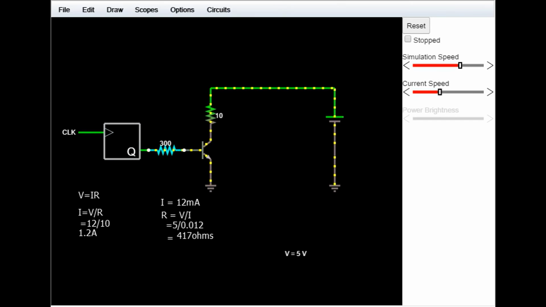And it turns out that the current going through the base of the transistor, in this case with a 300 ohm resistor, is 14 milliamps. And that's a lot more reasonable than trying to drive all 1.2 amps through the microcontroller.